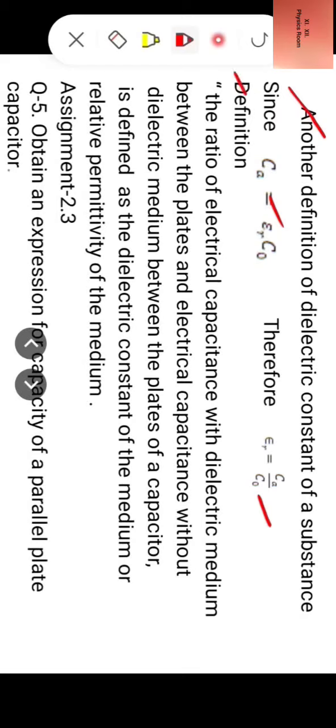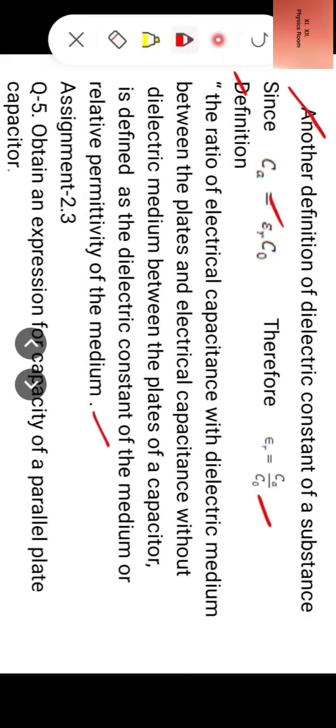The ratio of electrical capacitance with dielectric medium between the plates and electrical capacitance without dielectric medium between the plates of a capacitor is defined as dielectric constant of the medium or relative permittivity of the medium.